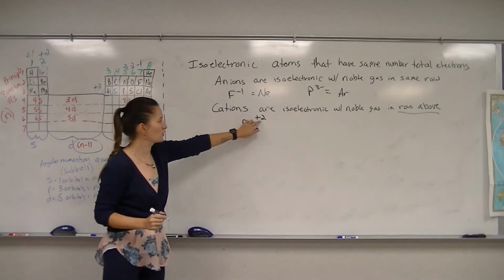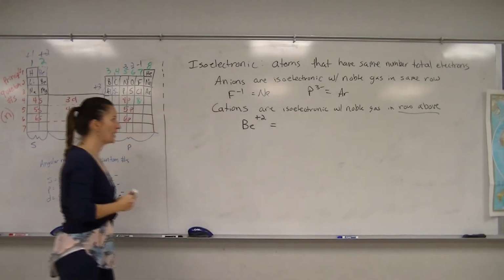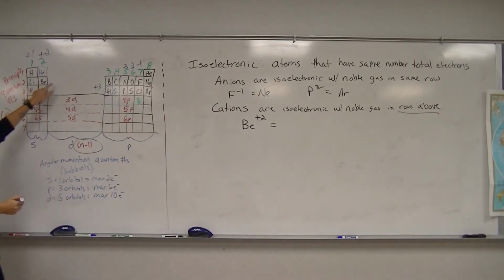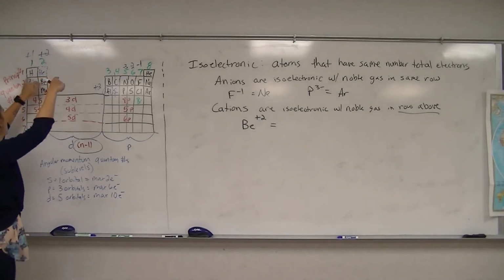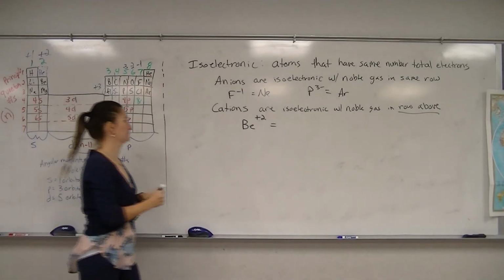It's going to lose those 2 valence electrons. Well, what noble gas is it isoelectronic with? We're not going to look at the noble gas in the same row, but the row above. So since beryllium's in period 2, we're going to look at the noble gas in period 1. So what's the noble gas in period 1? Helium.